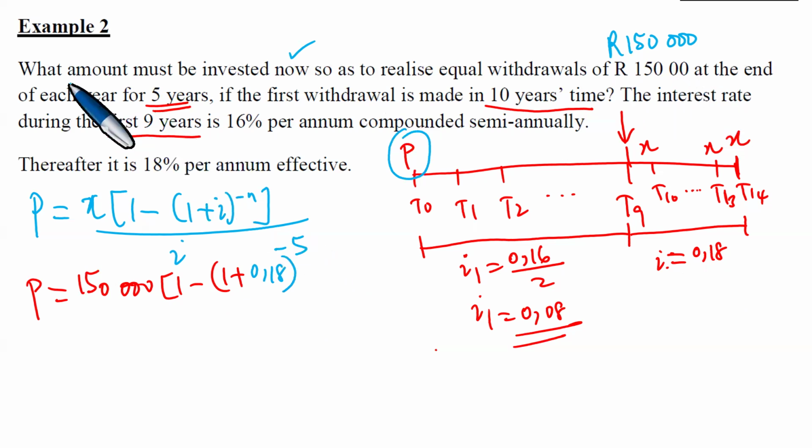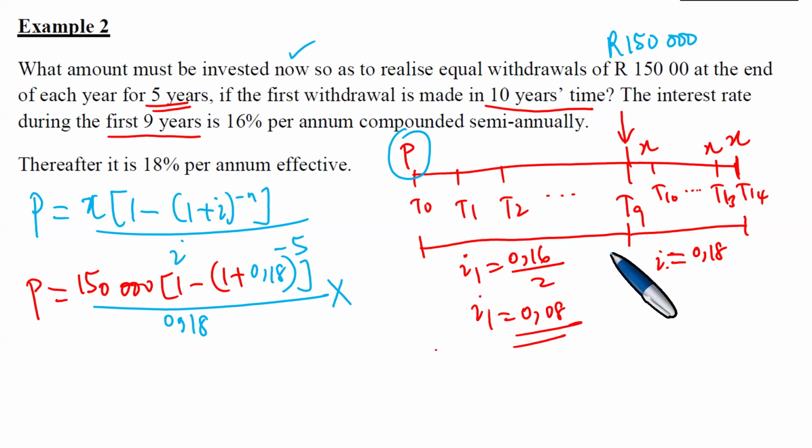What amount must be invested now so as to realize equal withdrawals of 150,000 at the end of each year for 5 years? Divided by 0.18 multiplied by.